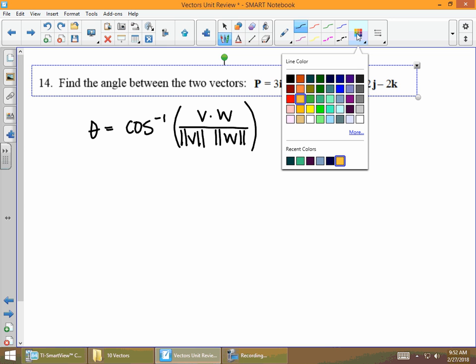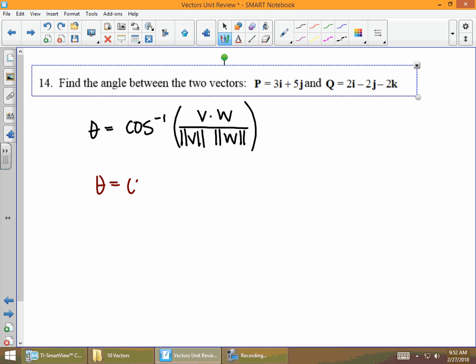Okay, hopefully you have your answer and you're just waiting to check with mine. So our cosine, our dot product, so I'm going to do 3 times 2 plus 5 times negative 2 plus 0 times negative 2. There's our dot product. Make sure I have all my negatives and positives right.